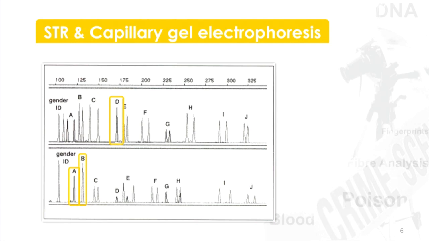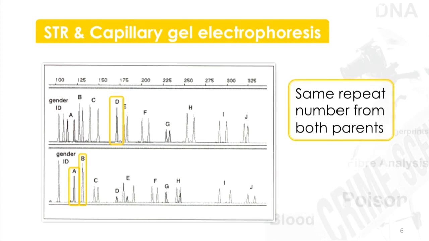They are just a single spike on the chart here. That happens sometimes because it's possible that the repeat number you inherit from your mother and the repeat number you inherit from your father happen to be the same number. And that's why you get that single peak for some of these STRs.